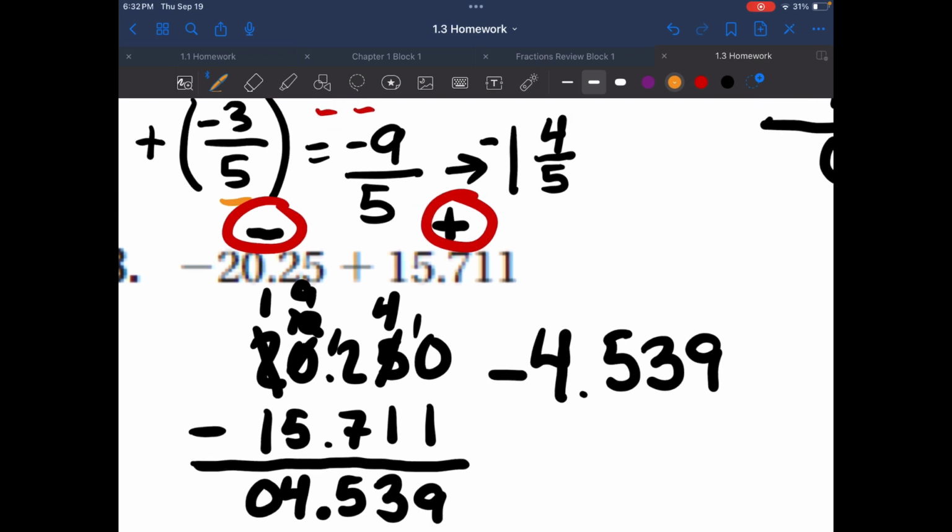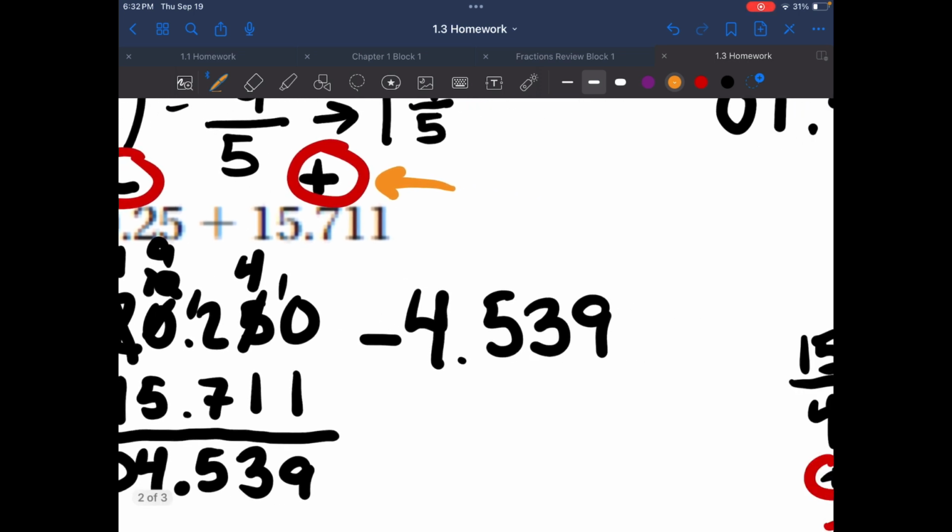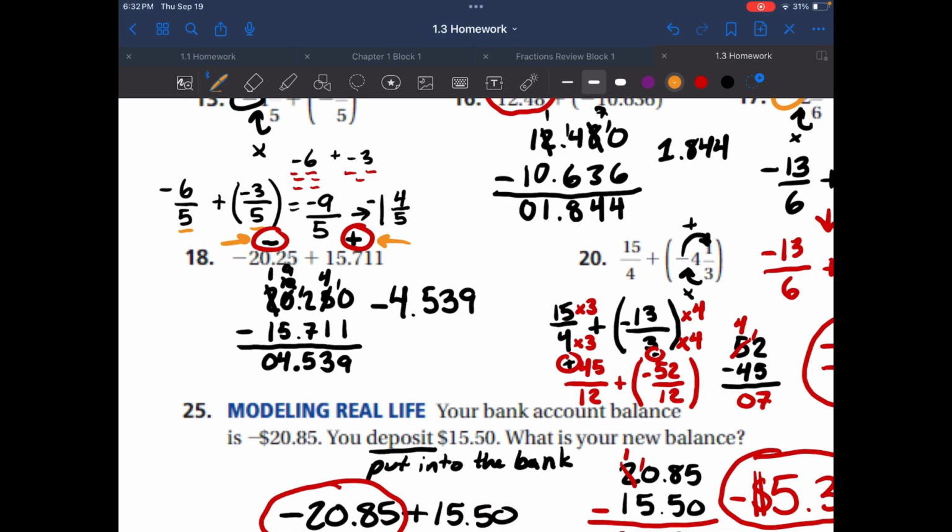If we look at number 18, we said that negative 20.25 is bigger than positive 15.711 as far as their value goes. Because of that, I knew my answer had to be negative. That's exactly what we were talking about.